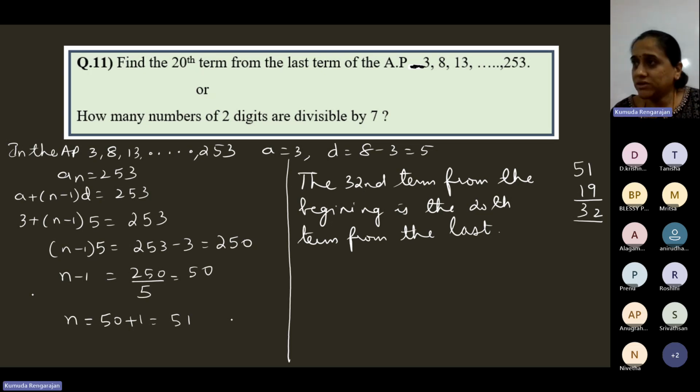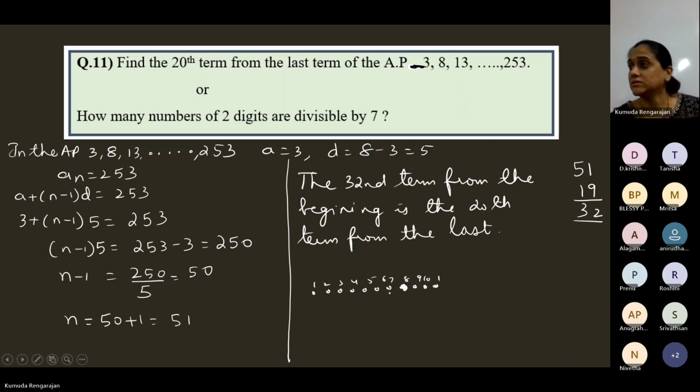When you subtract, what you get? 32. Okay. From the beginning, see now, supposing there are 1, 2, 3, 4, 5, 6, 7, 8, 9, 10, 11 students. If you're talking about the 8th student, that student is the 8th student from the beginning, but the 4th student from behind.